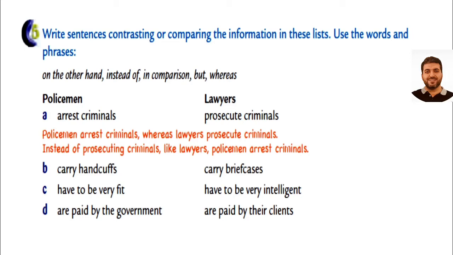Now, we need to do the same with the three sentences, B, C, and D. Policeman carry handcuffs. Mm-hmm. And the lawyer carry briefcases. Briefcases. Yes, but I do not want to use and here. It's not contrast. Choose one here. You have on the other hand, you have instead of, in comparison, but, whereas.